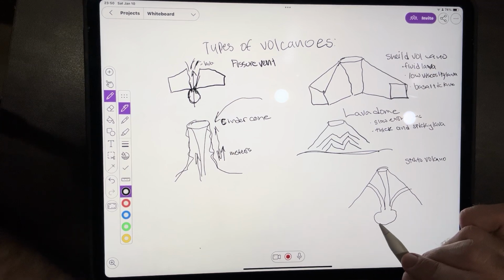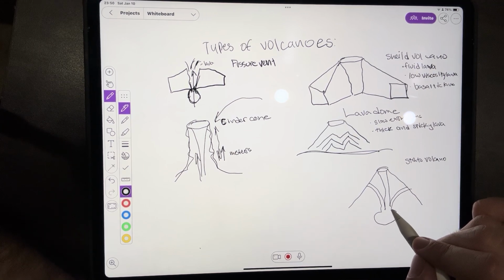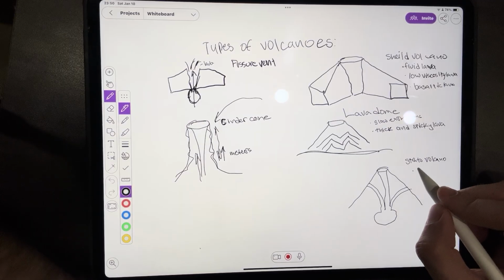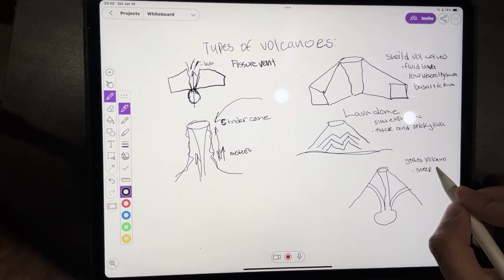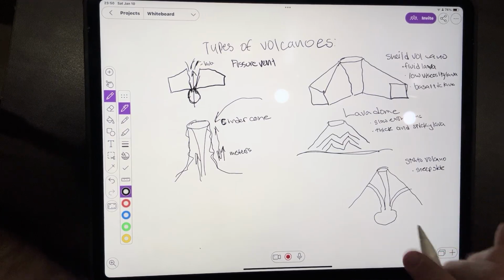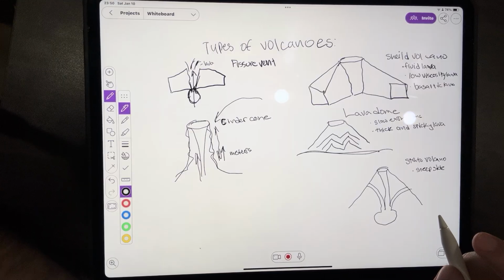That is a stratovolcano. Now, stratovolcanoes are steep-sided volcanoes, and they're built with multiple layers of lava flows.